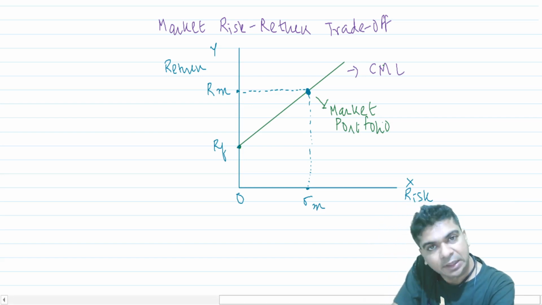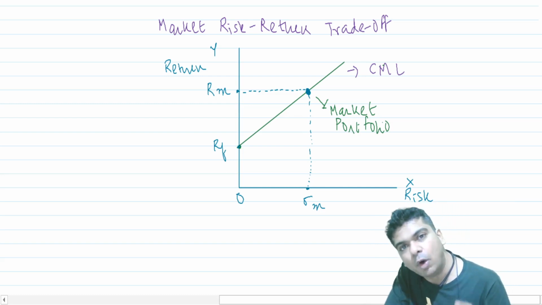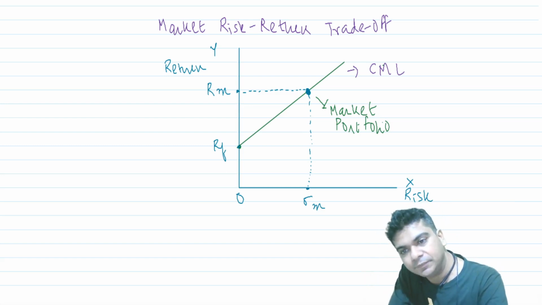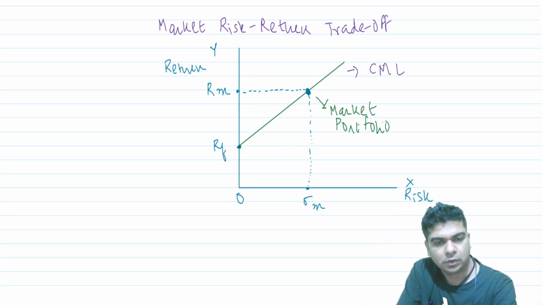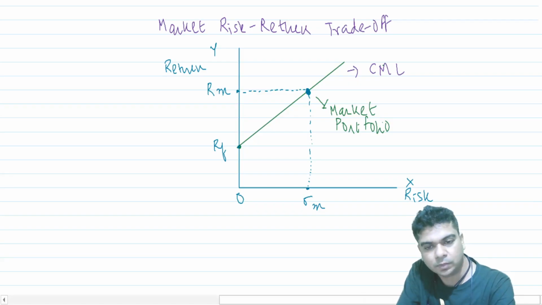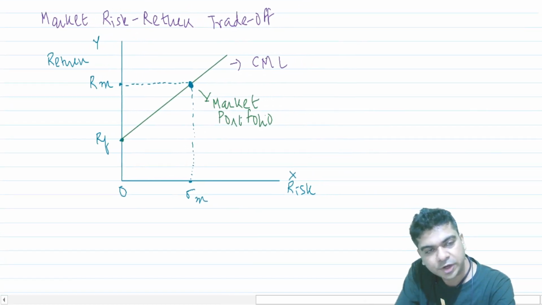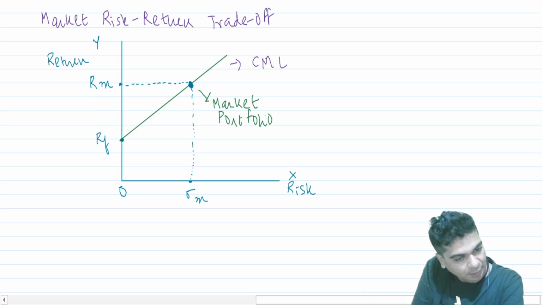What is the significance of the capital market line? The capital market line will give me the market risk return trade-off. How is the market balancing the risk and the return? That is what we are getting here. How will I carry out the market risk return trade-off? This is done by calculating the slope of the capital market line.